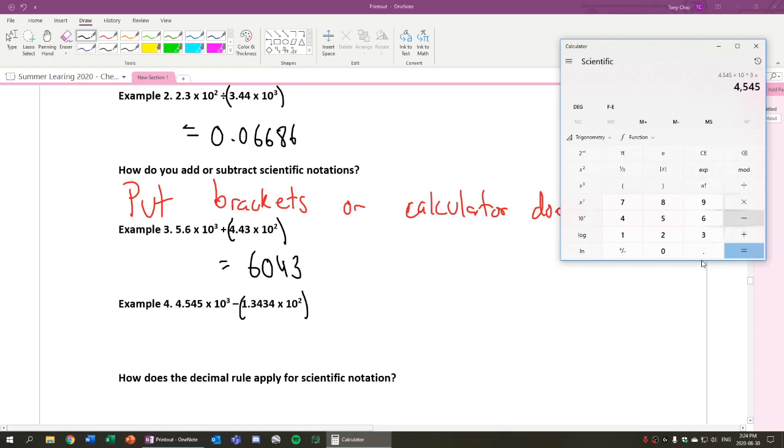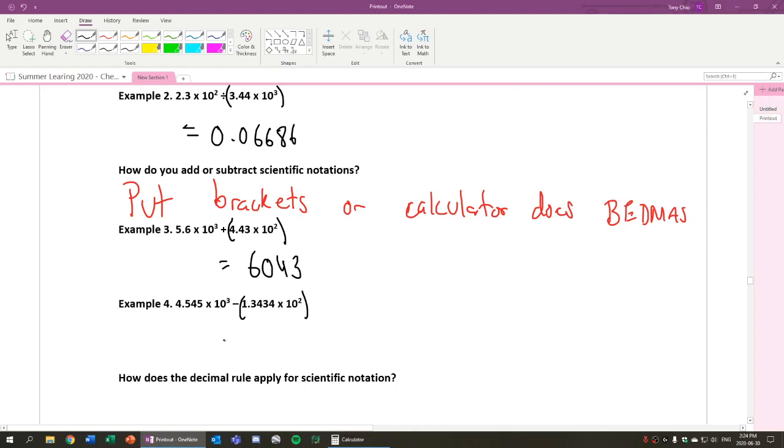Okay, that's the value. Minus bracket 1.3434 times 10 to the power of 2. Close the bracket. Equals 4,410.66. So that is what we have here. We've got to make sure, again, you put brackets, or the calculator does BEDMAS for you.